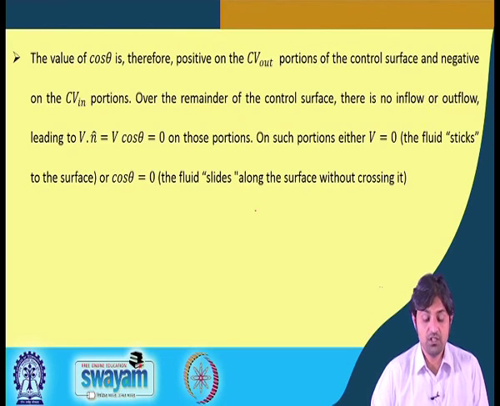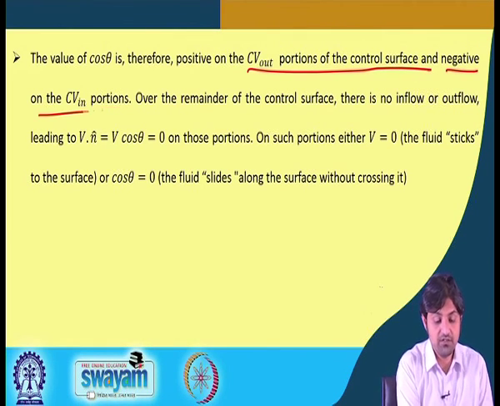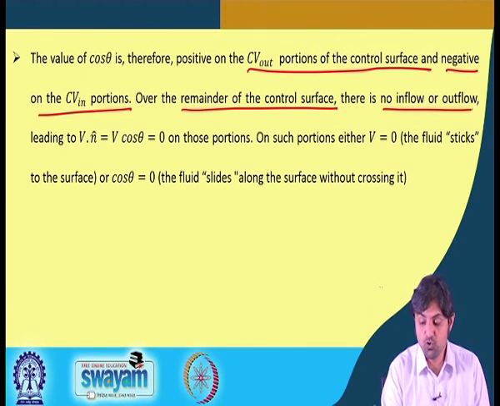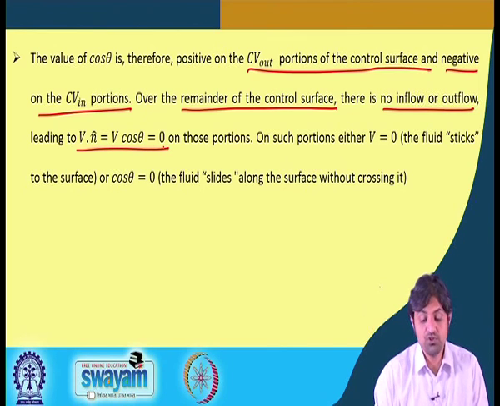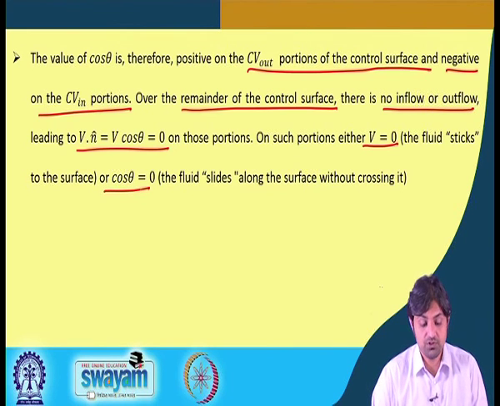So the value of cos theta is positive on the CS out portion of the control surface and negative on the CS in portion. Over the remainder of the control surface there is no inflow or outflow, leading to V dot n equal to 0 on those portions. On such portions, either V is equal to 0 or cos theta is equal to 0.